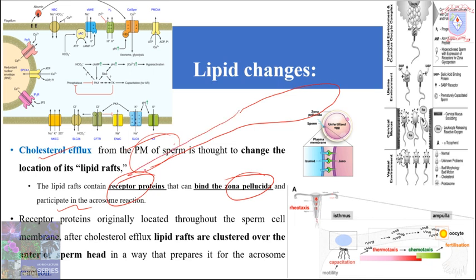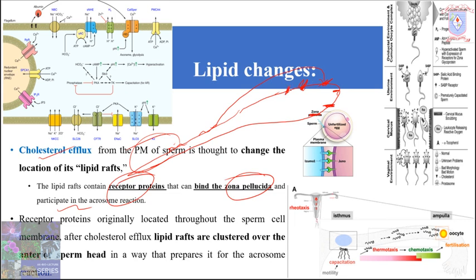But as a result of the cholesterol efflux from the sperm plasma membrane, the sperm lipid rafts reallocate or reposition these receptors onto the head region of the sperm. So after cholesterol efflux, you can see the specific receptors for the zona pellucida are located at the head region of the sperm, not in other places.